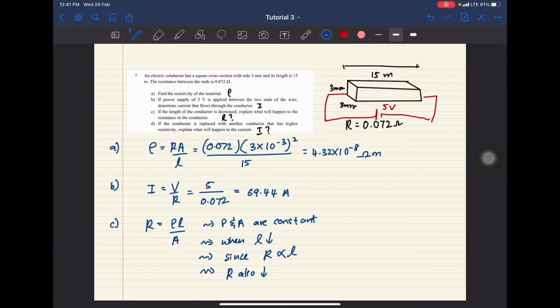Okay, question D, I think I'm gonna write it over here. If the conductor is replaced with another conductor that has higher resistivity, explain what will happen to the current. So when you change the resistivity, you actually change the resistance. So I'm gonna write it here that R is directly proportional to rho. Okay, so now rho increase, R also increase.